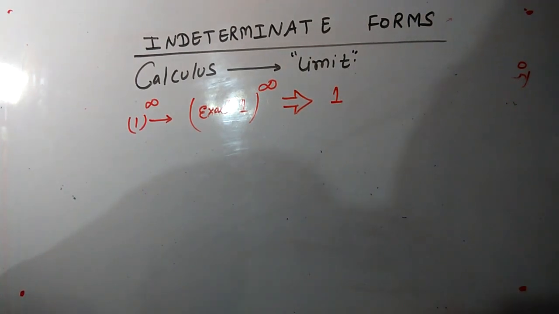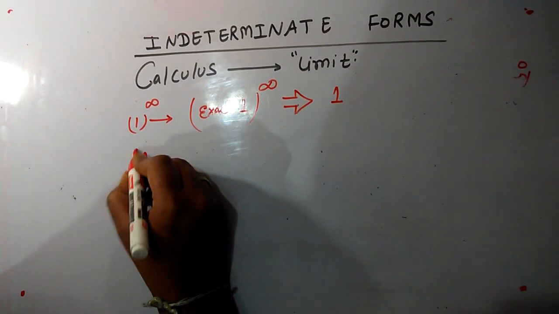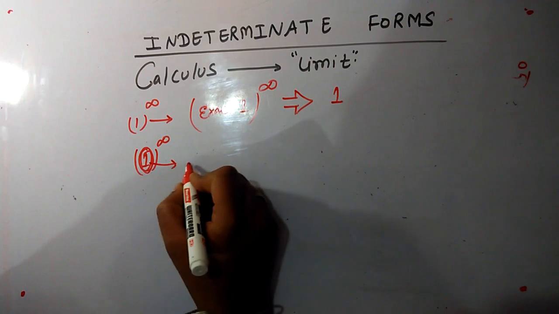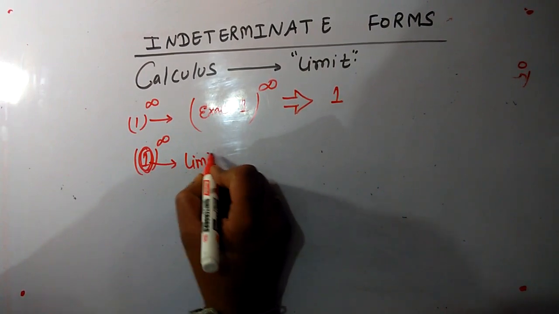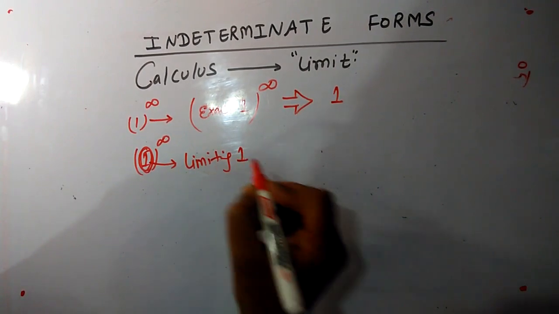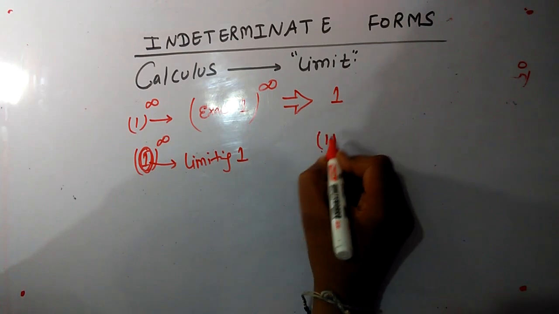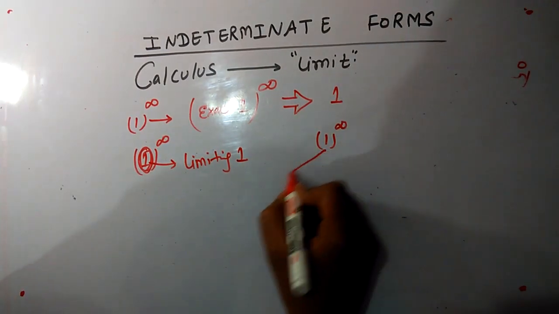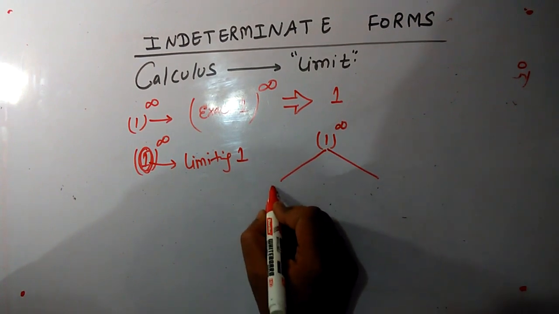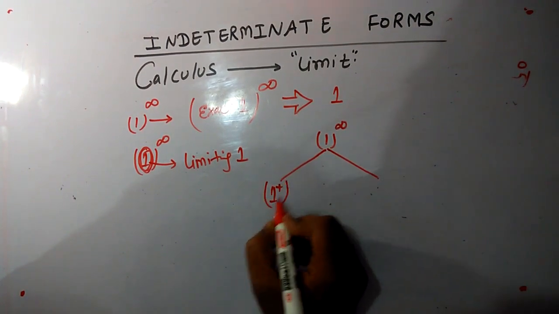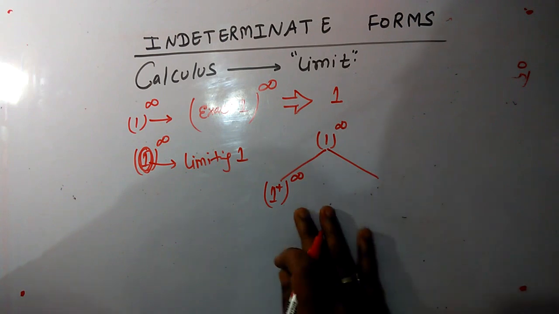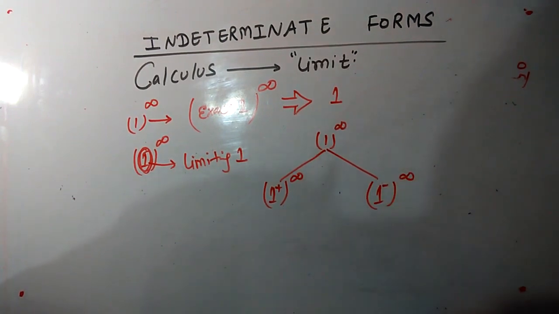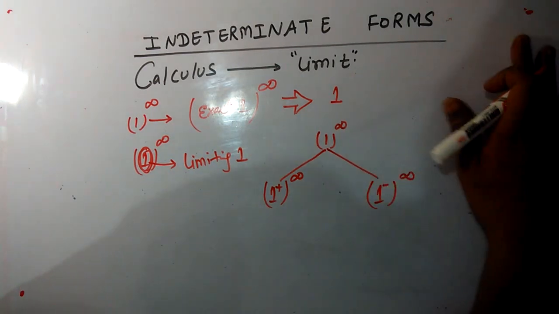But when this 1 is a limiting 1, there will be two cases. One should be 1 plus raised to power infinity and another should be 1 minus raised to power infinity. What is 1 plus and 1 minus?